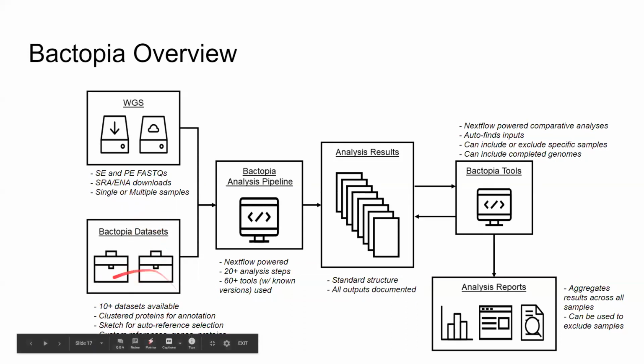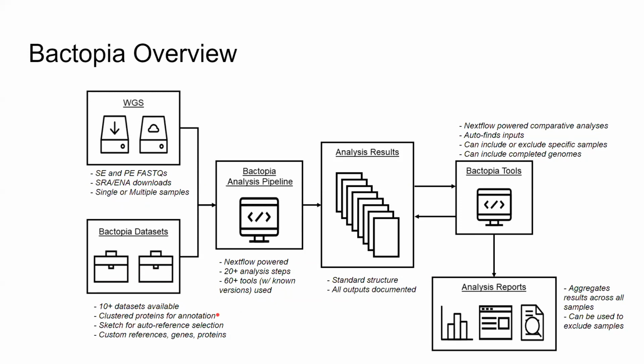Bactopia Datasets includes more than 10 publicly available datasets that can be downloaded and automatically set up for you. It'll also, if you give a species, download RefSeq genomes and create clustered proteins for annotations. So basically, you'll create a set of genes that Prokka can use for annotation first, before Prokka uses its default databases.